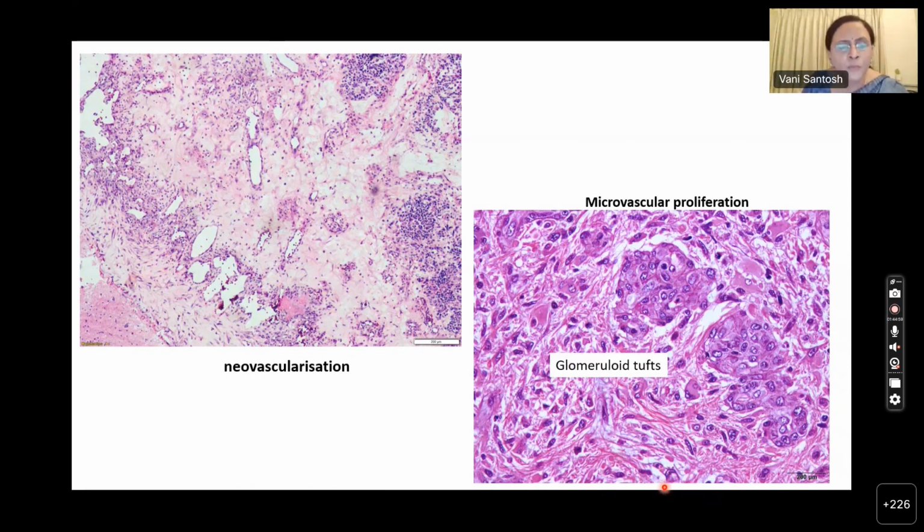We call them glomeruloid tufts because they resemble the glomerulus of the kidney. So this is the typical microvascular proliferation that you see in which tumor? Glioblastoma. Very good. This type of glomeruloid proliferation is specific for glioblastoma. You can see that even within this proliferation, mitotic activity can be seen. They are very florid microvascular proliferation.